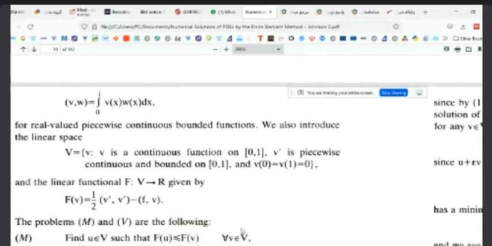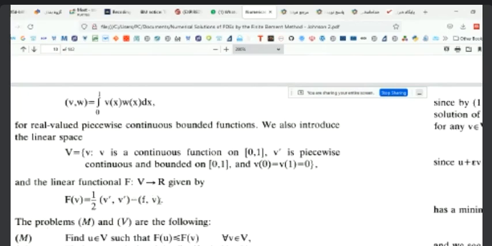And let me introduce a linear functional F from this space V to R given by F(v) equals one half of the inner product of v prime, v prime, minus the inner product of f, v.